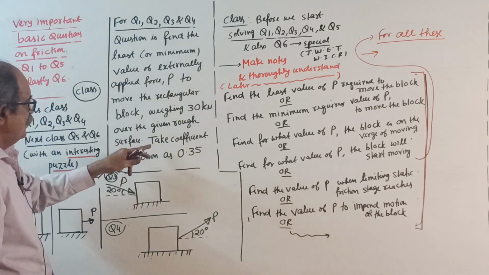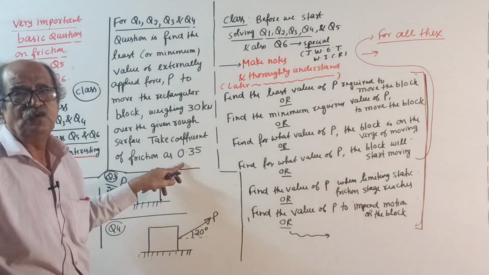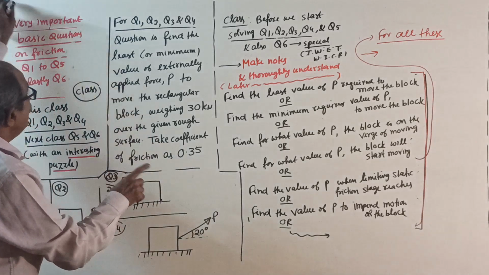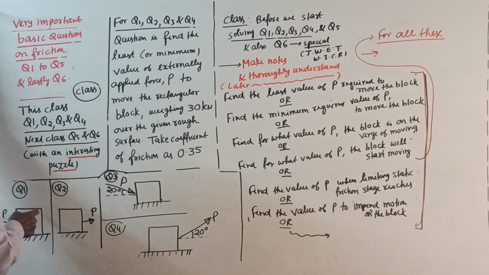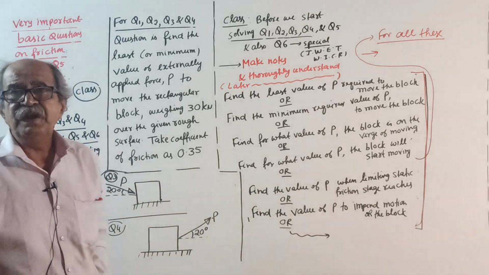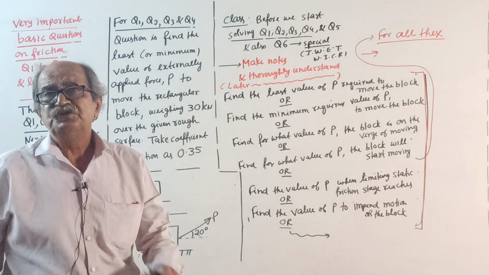Now, everywhere, in all the 4 questions, mu equals 0.35. The force is P, but the value of P is not the same. And everywhere, the weight of the block is 30 kN. This is to understand correctly the different types of forces you are applying while finding P with the same weight.